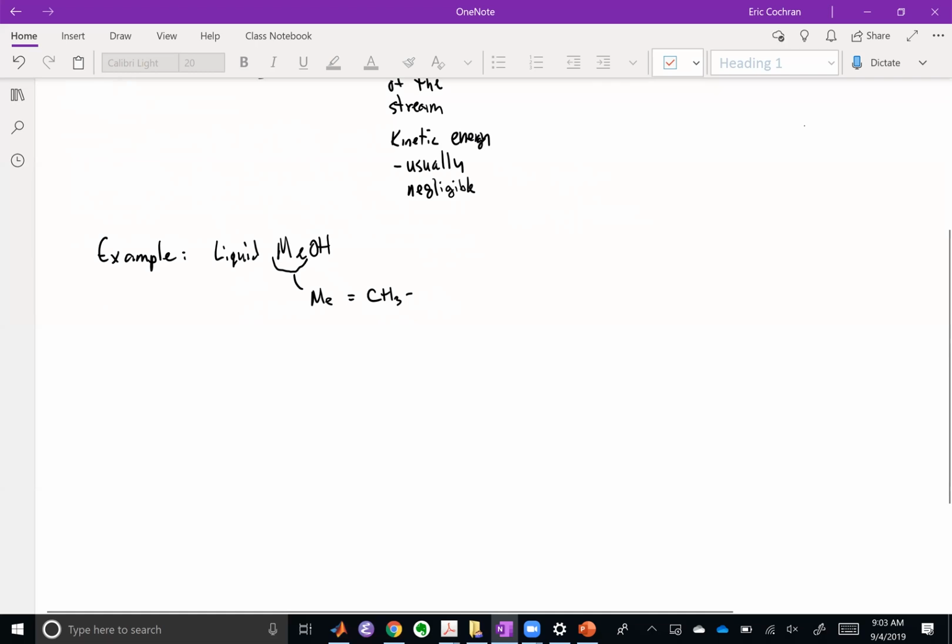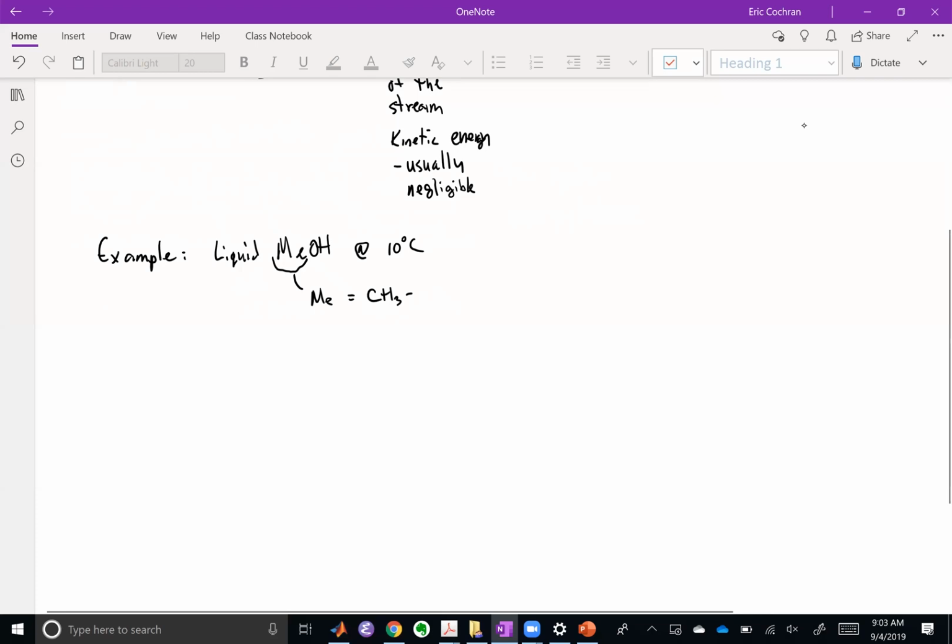So you'll see EtOH for ethanol, et cetera, a lot of times. Okay, so we have liquid methanol at 10 degrees C, and we're going to pump it up a large vertical distance, and we're going to pass it through a heat exchanger.